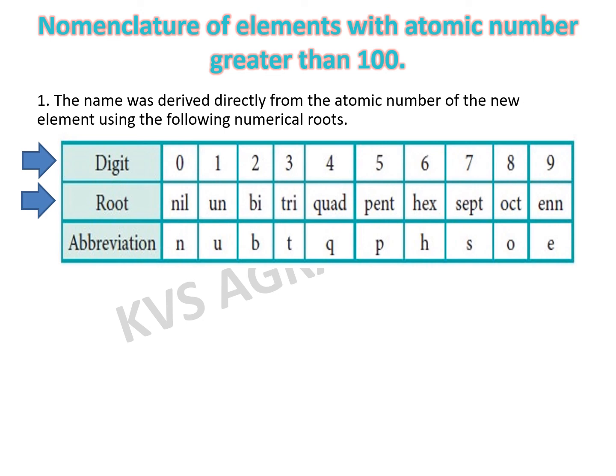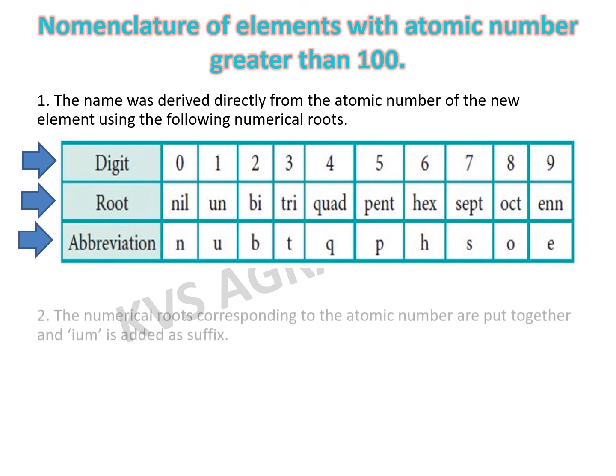Root: for 0 it is nil, for 1 un, 2 bi, 3 tri, 4 quad, 5 pent, 6 hex, 7 sept, 8 oct, 9 enn. Abbreviation is the first letter of the root: N for nil, U for un, B for bi, T for tri, Q for quad, P for pent, H for hex, S for sept, O for oct, and E for enn.